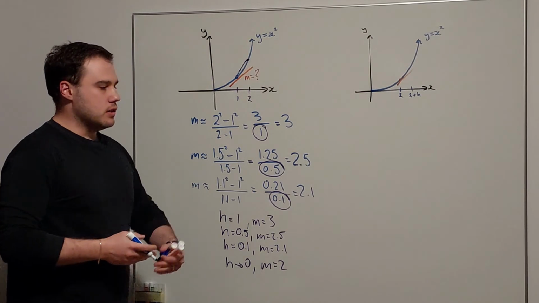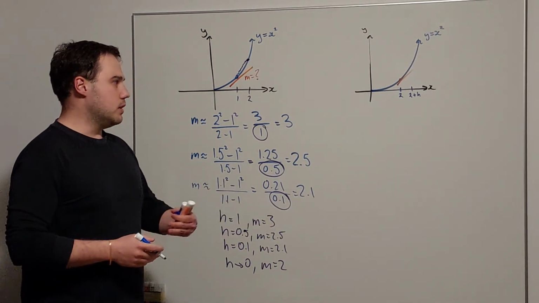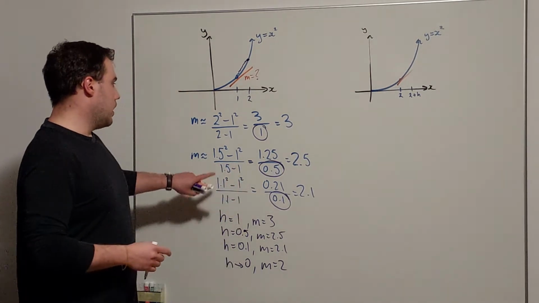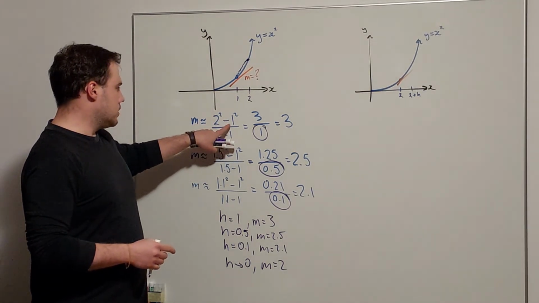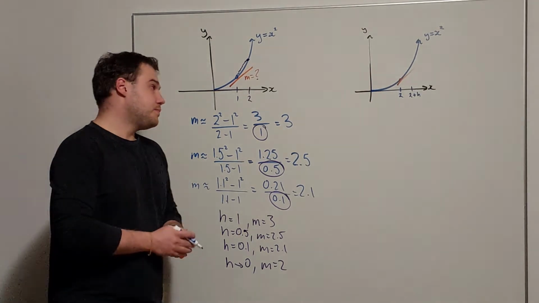Let's consider taking a little step from 2, and that will be some distance h, right? So 2 plus whatever h is, so like 2 plus 1, 2 plus 0.5, 2 plus 0.1, etc.